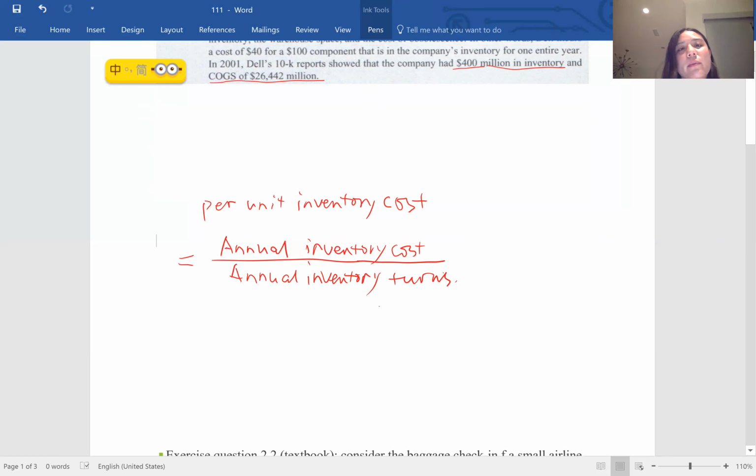And from the problem, we know that the annual inventory cost is 40%, but we don't know the annual inventory turns.